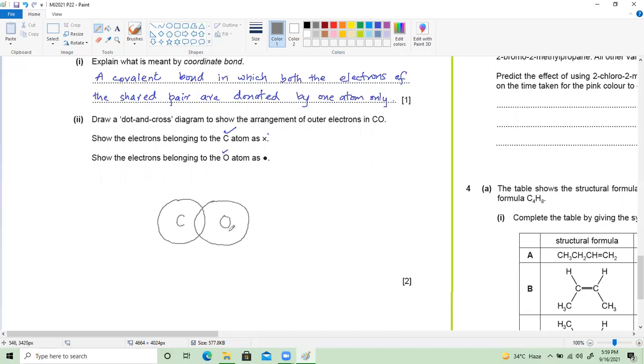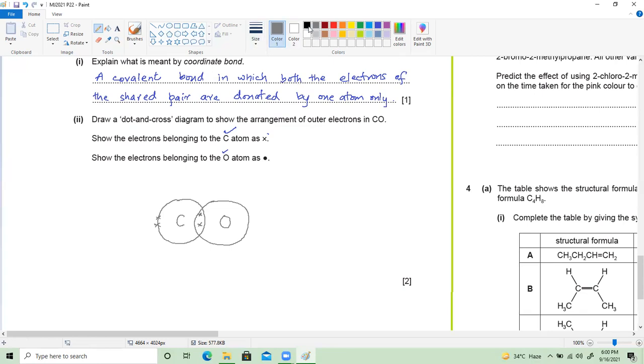Now, carbon belongs to group 4, and we know that a carbon atom has 4 electrons in its valence shell. So 1, and then 2 here. Because we know an oxygen atom has only 6, and it can share only 2 of its valence electrons usually. So carbon भी 2 electrons use कर रहा होगा for bonding with it.